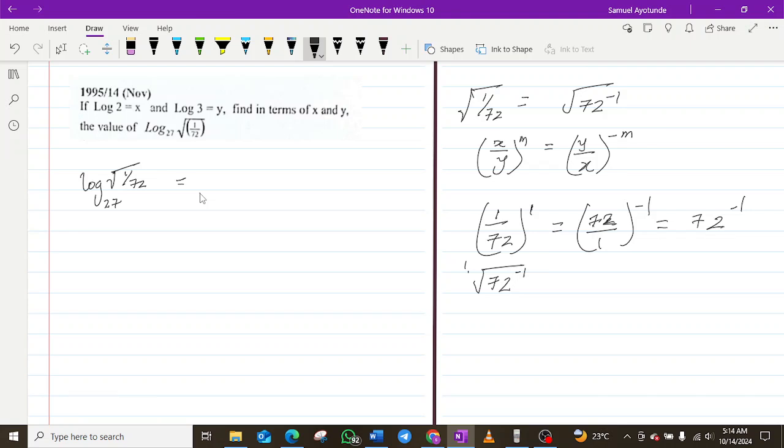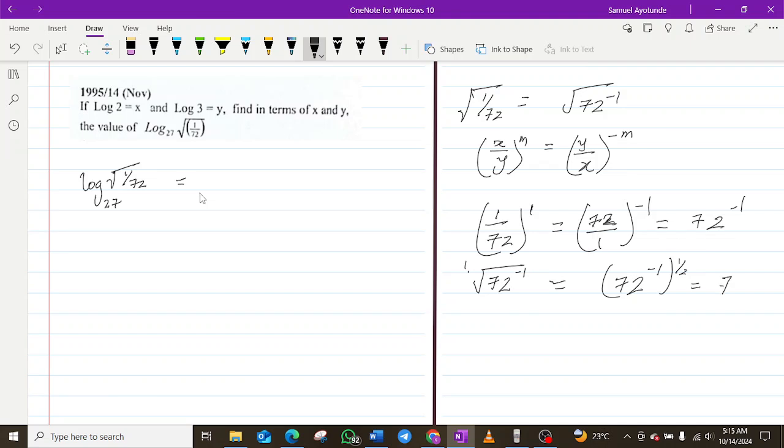Then if I am applying the fractional power law, the denominator of the fraction becomes the root. Since we have a square root here, it will become a fractional figure, that's 1 over 2. So we have 72 to the power of minus 1 raised to the power 1 over 2.